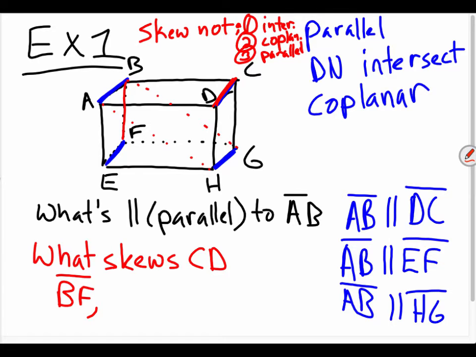Let's think of another one that's similar to that. DH intersects, right? CG intersects. DH is parallel. AB is parallel. EF is technically parallel. Oh, what about AE? Would AE work?